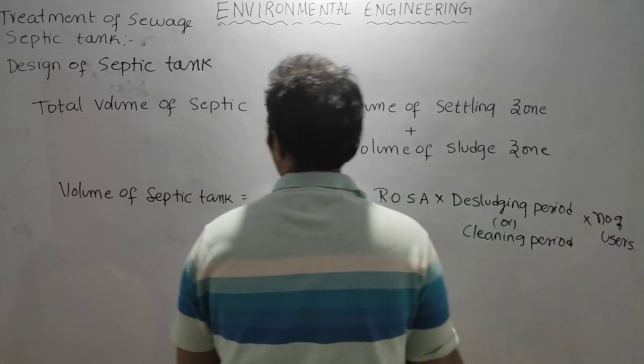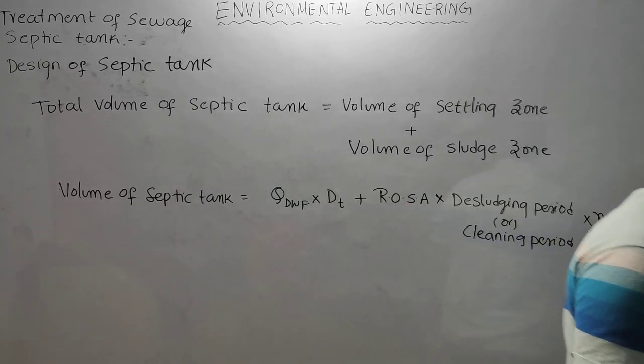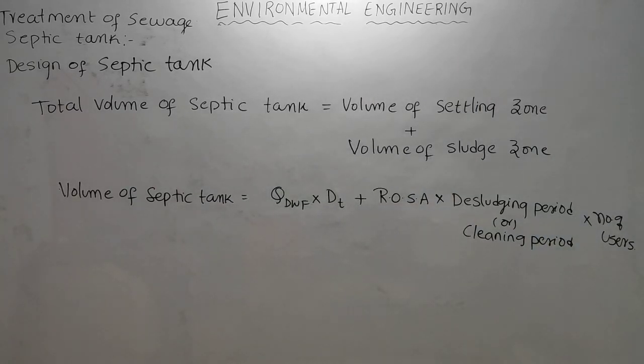So this is the formula to find the total volume. We have found the volume of the septic tank separately for the settling zone and separately for the sludge zone. So this is the total volume of the septic tank.